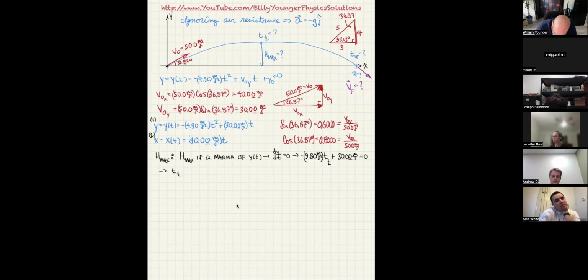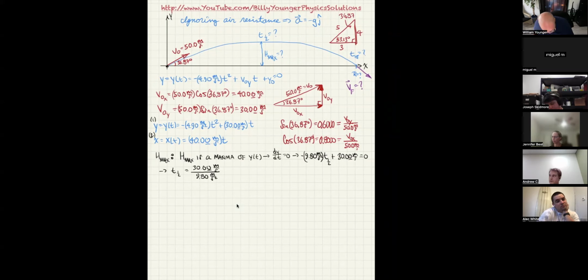So now I can solve for t1/2, and that turns out to be 30.0 meters per second divided by 9.80 meters per second per second. Because notice the negative 9.8 t1/2 will go to the other side and become positive, and then I'll just divide both sides by 9.8. That gives me 3.016 if I remember correctly.